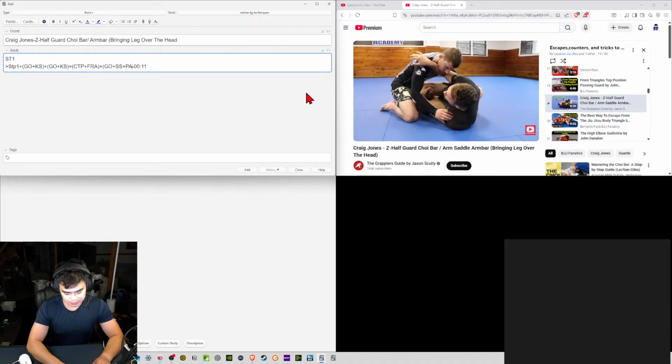Push away, equals frame, plus make distance equals safety position.